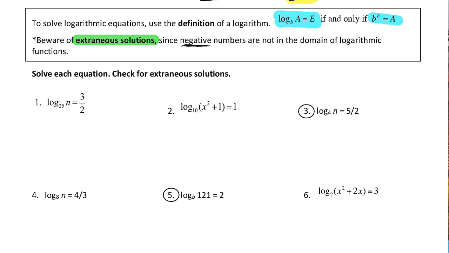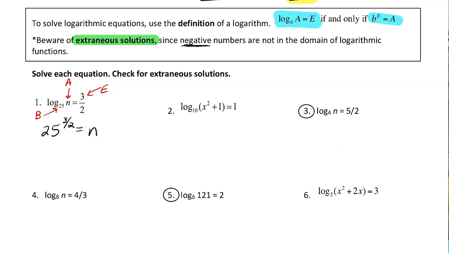So let's check out number 1 here. We can rewrite this as the base, this is our answer, and this is our exponent, bacon and eggs. So we have 25 raised to the exponent of 3/2 equals n.